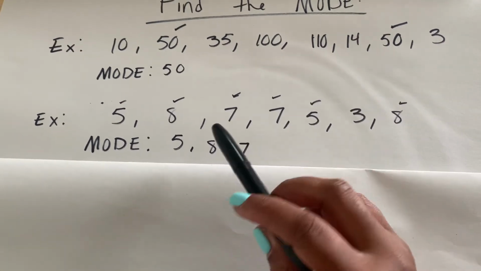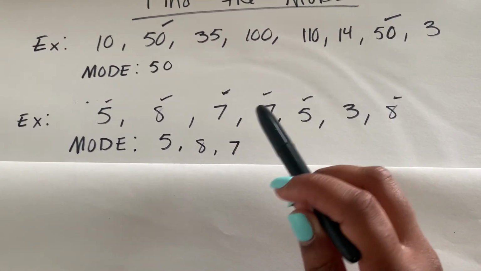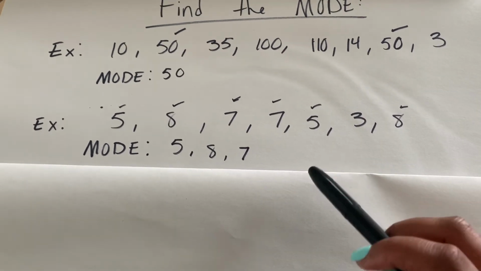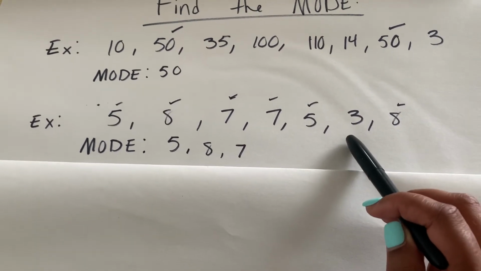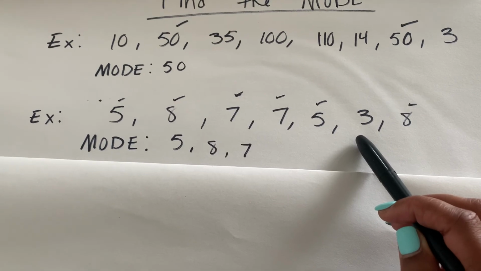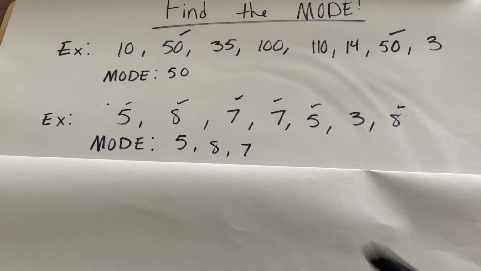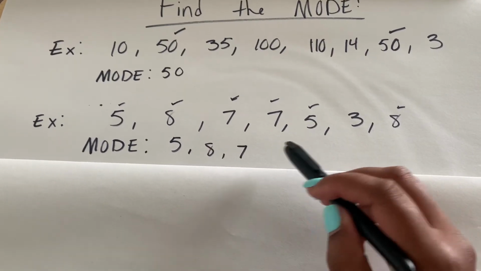So if the same amount occurs for multiple values and they are more than others, so 3 only occurs 1 time, then now it's going to be 5, 8, and 7 to be your mode.